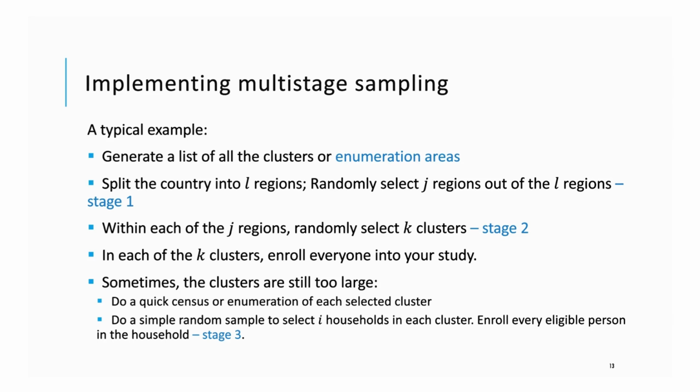So to limit such a logistic challenge and the cost, we end up doing sampling at multiple stages so that the geographical area where activity will occur, it might still be the same number of individuals that we will be selecting, but the geographical area that we will need to traverse would become limited.